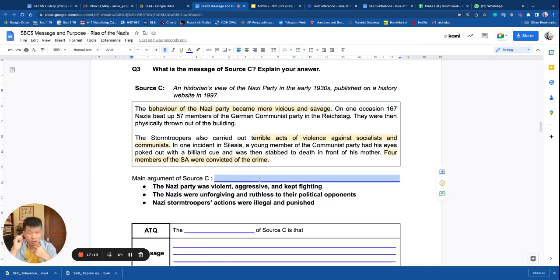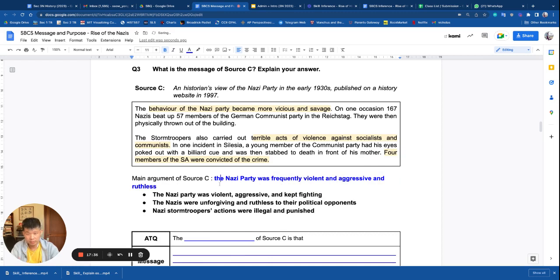Okay, now we're going to weave into the argument. What's the main argument of source C? The argument is that the Nazi party was violent and aggressive and ruthless, frequently violent and ruthless to their political opponents, even taking illegal actions which were punished. So I have combined these three ideas.